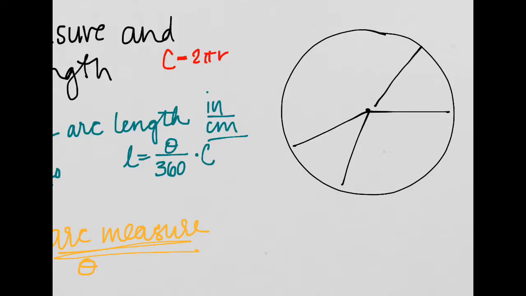We can call this angle 1, angle 2, angle 3. If I have this red angle here, let's call that 45 degrees. Let's call the measure of angle 2, we'll make it yellow, 105.